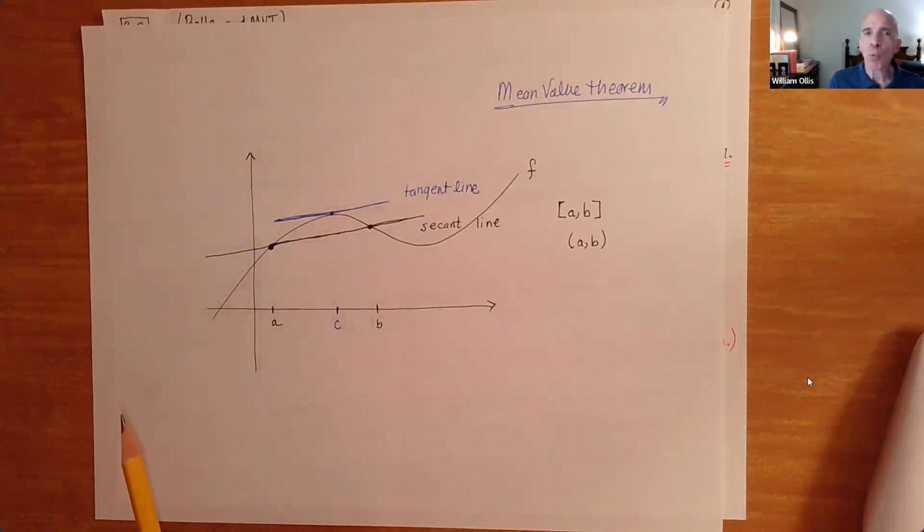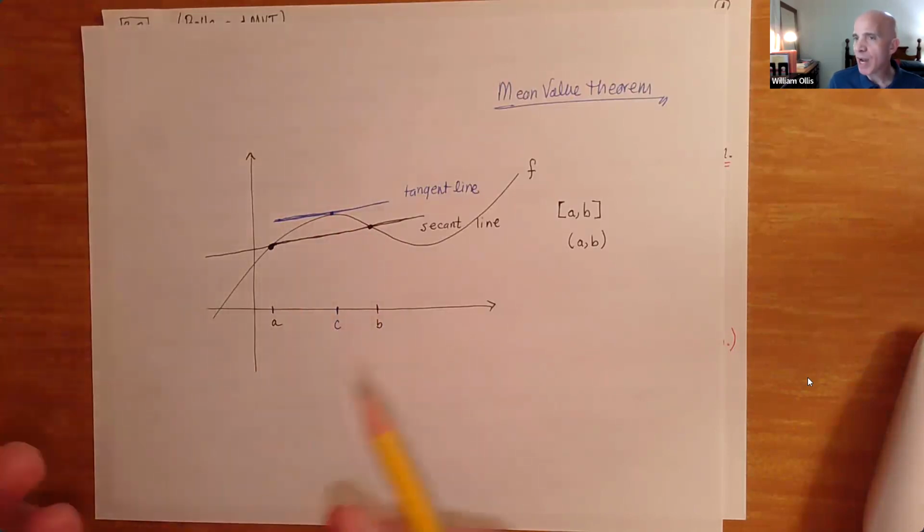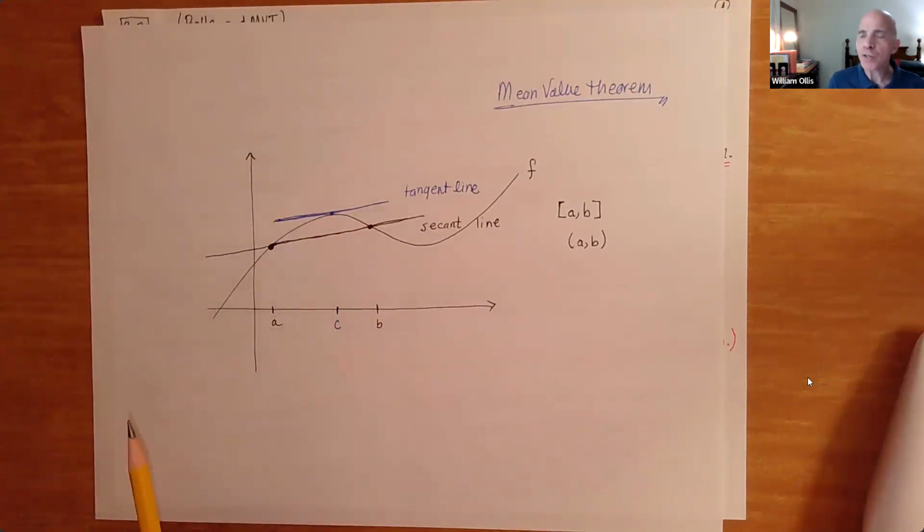Now, when you think about creating a function, ladies and gentlemen, when you're trying to prove a result, that function may or may not be unique. What is important is that the function that you create actually satisfies the hypotheses and then produces the conclusion that you seek.